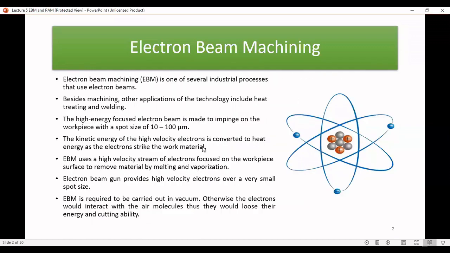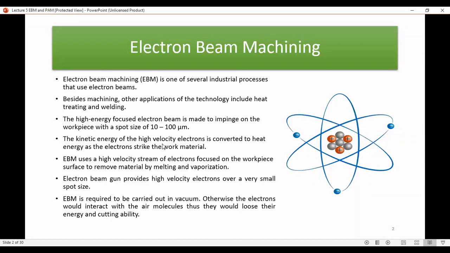The mechanism is that the kinetic energy of the high velocity electrons is converted to heat energy as the electrons strike the work material. The reason you can remove materials with this method is that when you accelerate the electrons, they have very high velocity, even though the mass is very small.